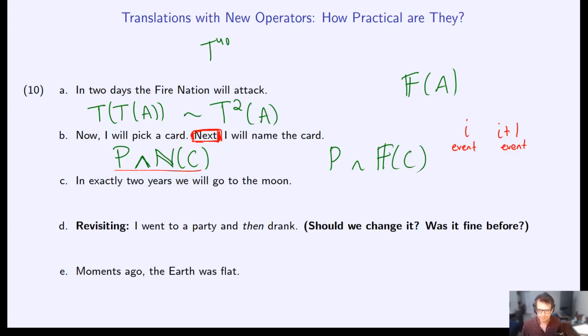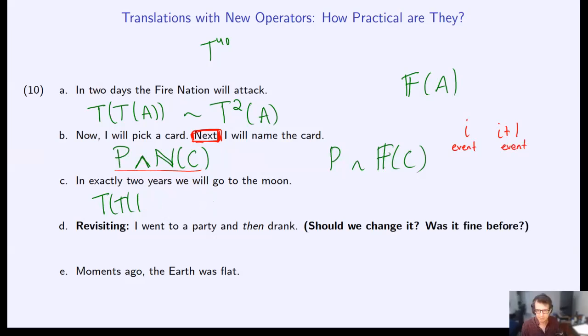Another one is interesting: in exactly 2 years, we will go to the moon. Well, how many days is 2 years from now? It's 730 days. It's a good thing that we have a nice shortcut for the tomorrows. We could write 730 T operators here to be really specific about how long 2 years is.